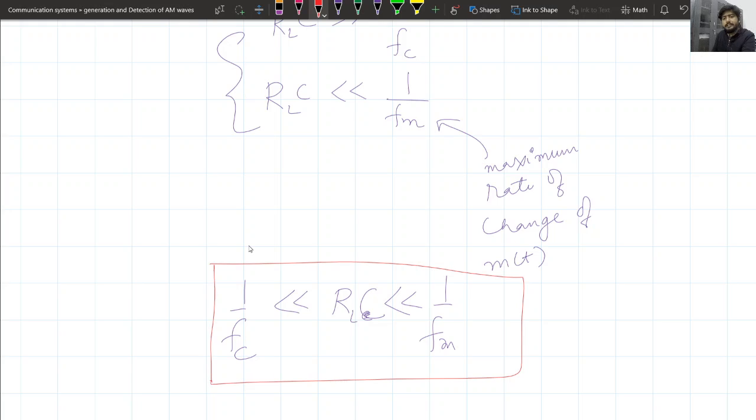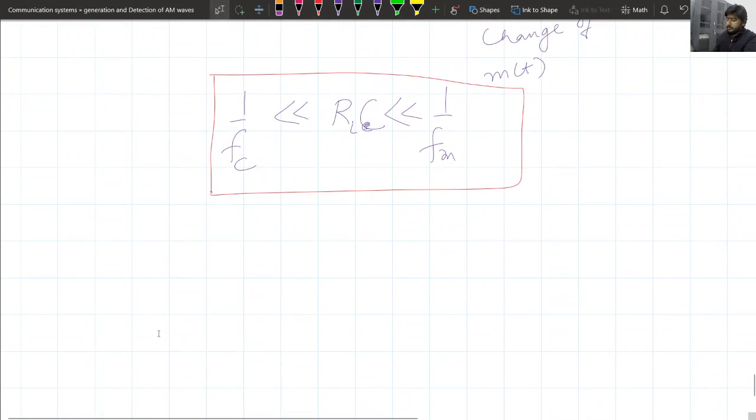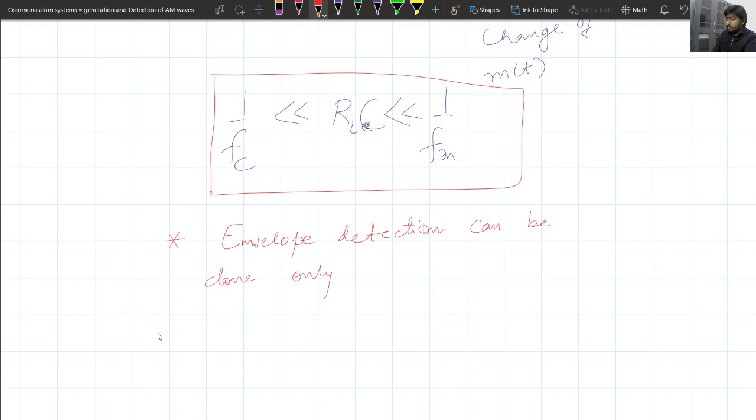So these are the charging and discharging conditions for the smooth tracing of the envelope of s(t), and envelope detection can be done only for the under modulation case, for mu less than or equal to 1.